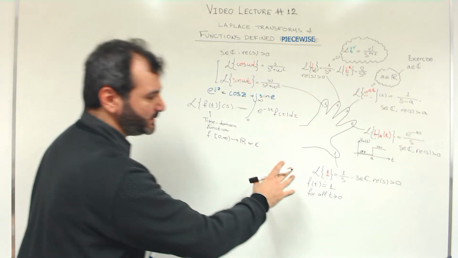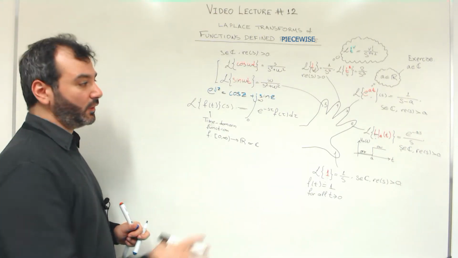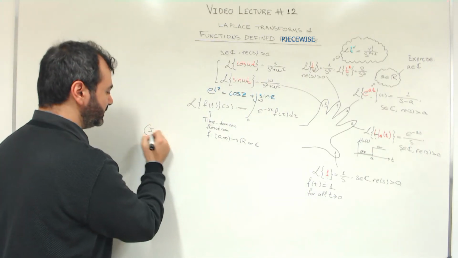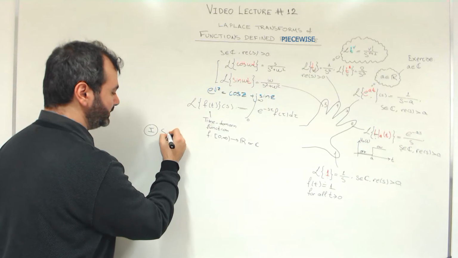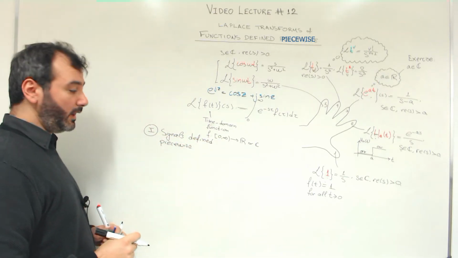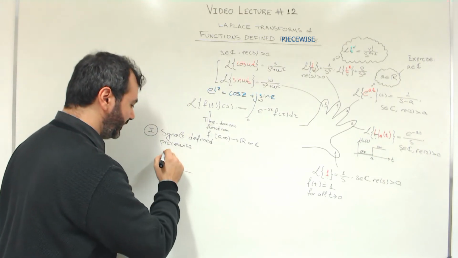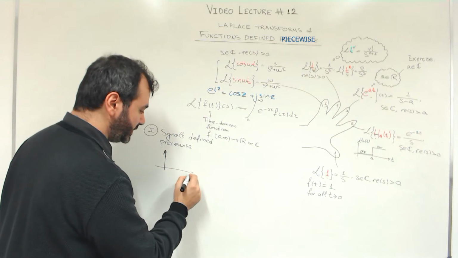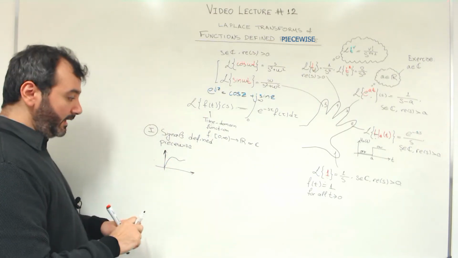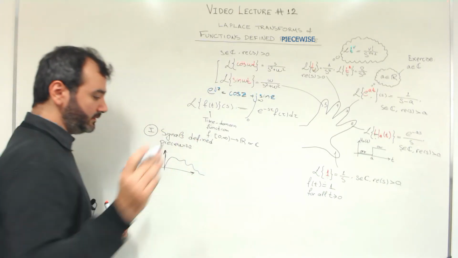Now, especially in electrical engineering, we have two types of signals on top of these, which are very important. So the first type of signals is signals defined piecewise, and these are important because, for example, you might have an engineering system that behaves in a particular way, and then a switch flips, and then the system starts to behave in a different way.